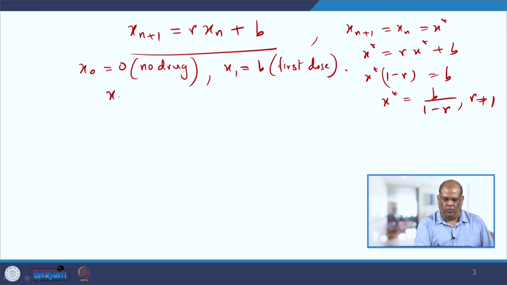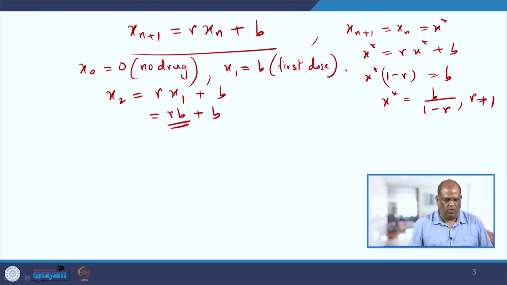So, x 2, if I put n equal to 1 here, is R times x 1 plus b. So, I get R times b plus b. This is the amount remaining from the previous dose, and this is the new dose of drug that has been injected.